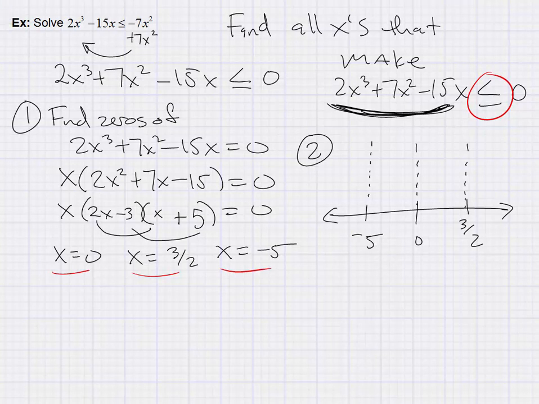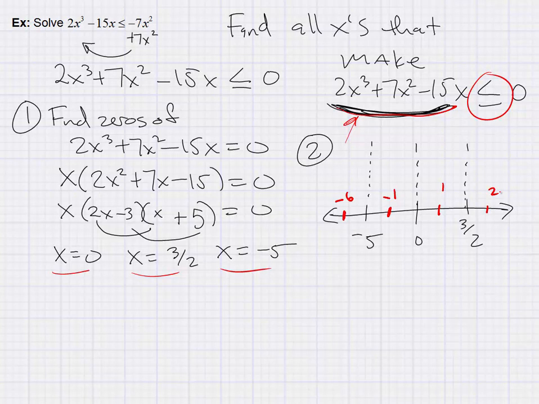One thing I can do is take some number from this interval, negative 6. I can plug it into the inequality and see whether it makes this polynomial positive or negative. Then I'm going to take another number, negative 1, from this interval, plug it in, and see if it makes the polynomial positive or negative. Keep going, 1, 2, and plug these checkpoints in.